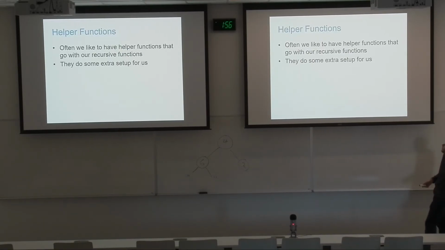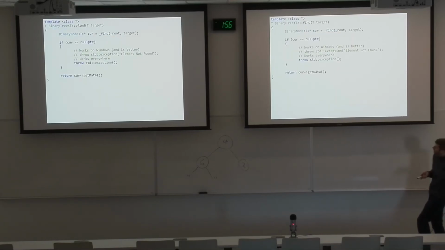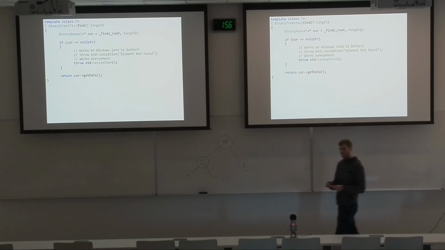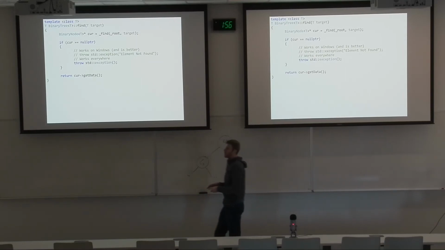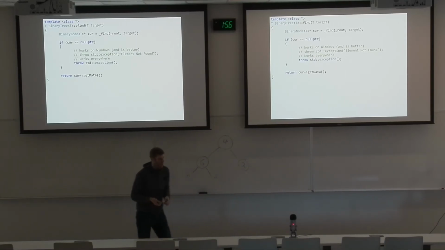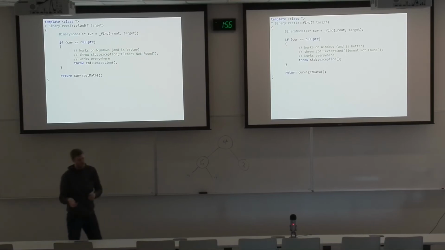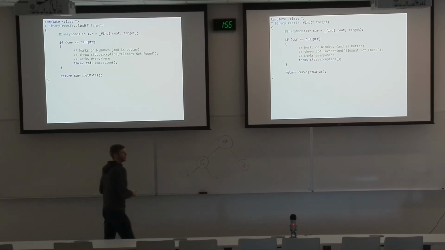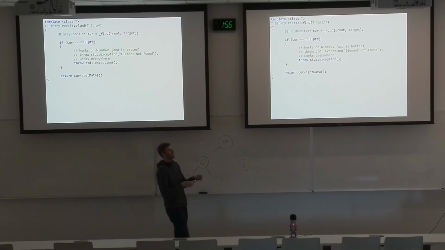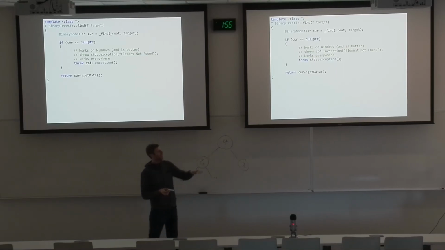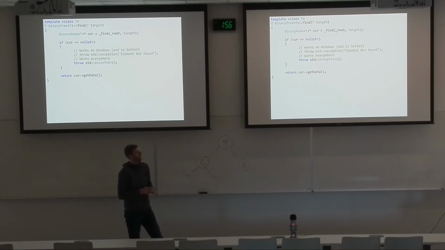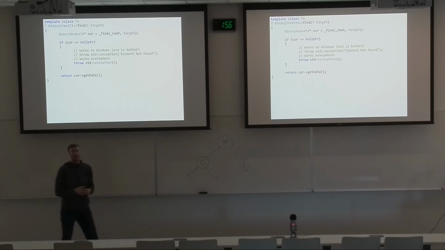Often we like to have little helper functions to help with some setup for these recursive calls. Maybe I would want to call it on the tree itself, and I don't want to have to give the root of the tree to the function. So I'm going to want a helper function. Maybe what I'll do is call find on the root.